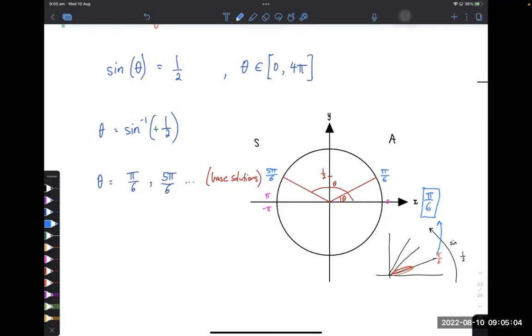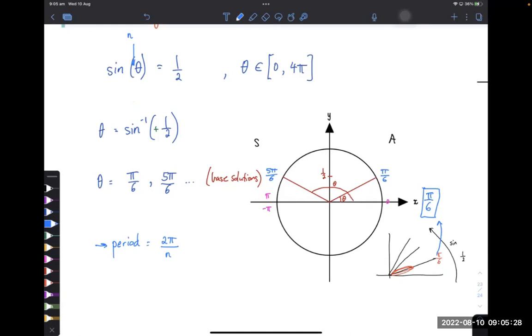Now, there's a rule here for this section. Once we get up to our two base solutions, the next thing we have to find is our period. So our period is calculated by 2 pi over n. The n value is at the front where the variable is. So I'll label that in as well. That's where n is.